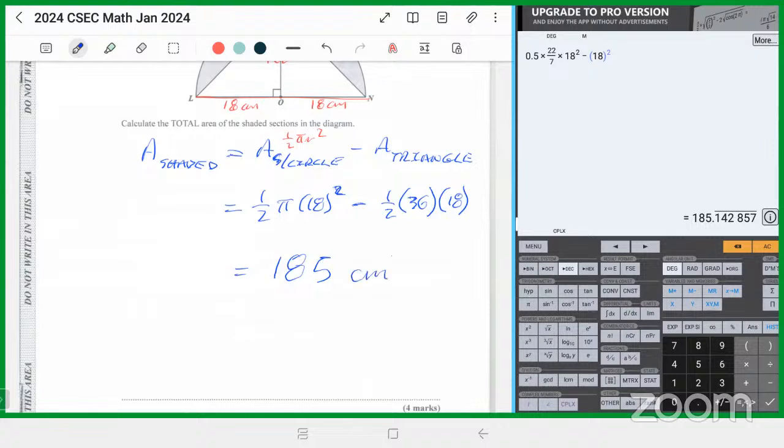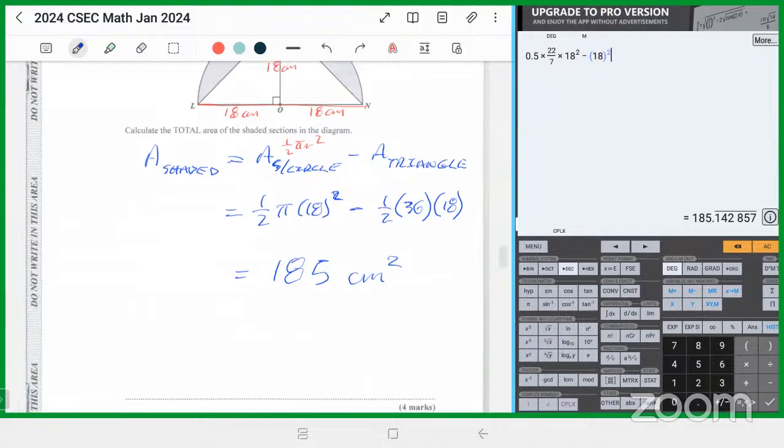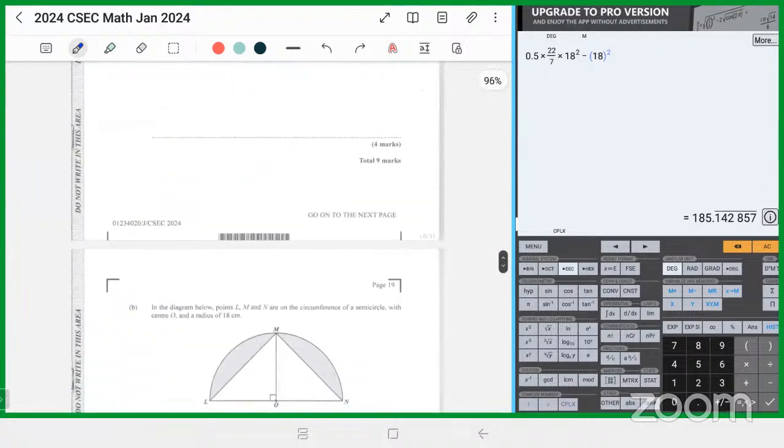Centimeters squared. That's it. 0.5 minus, this is half of 36, which is 18. Let's double check, guys. All right, that is it. All right, easy. 4 marks for doing that.